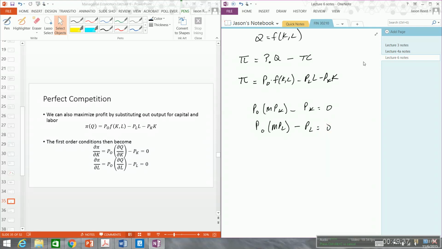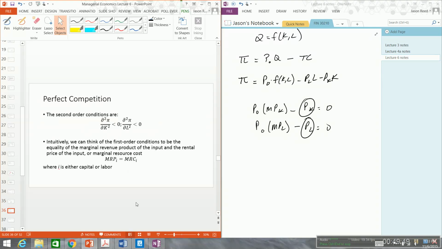So what do these actually tell us? It tells us that our resource prices, P sub K and P sub L, our marginal resource costs, essentially have to be equal to the marginal revenue product for both inputs.